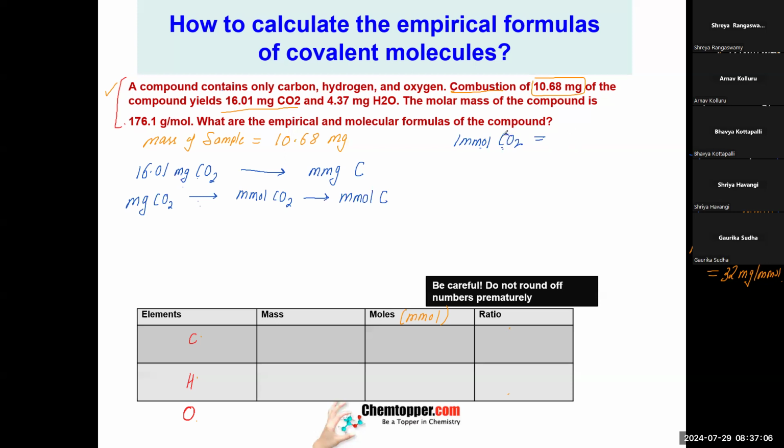Look at the formula. 1 millimole of CO2 has... Arnav, Bhavya, you're not answering, children. You're not understanding. These things we did in the previous two classes. Look at the formula. In 1 millimole of CO2, how many millimoles of carbon are there?